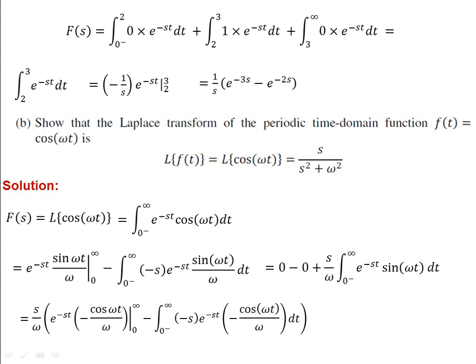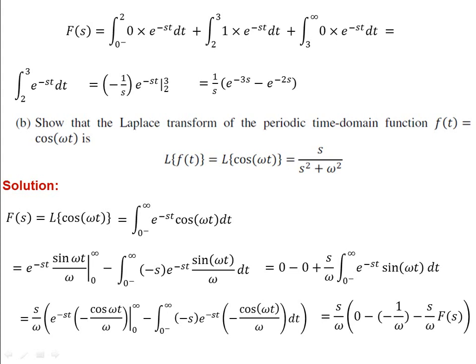If I substitute 0 and infinity in this function, I will have s over omega multiplied by 0 minus 1 over omega. In fact, cosine omega t when t is infinity is 0, and when t is 0 it is 1, giving minus 1 over omega.